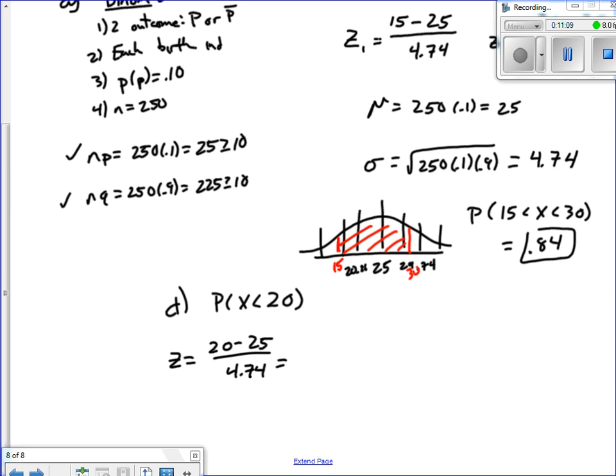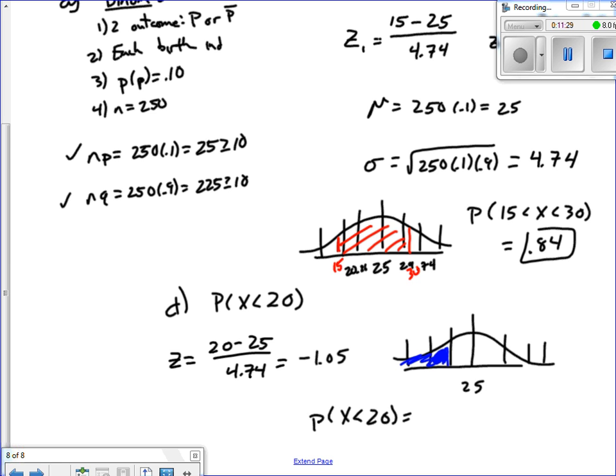That's a z-score of negative 1.05. So we could draw a quick curve for that. Centered at 25, 20 is going to be just below 1 standard deviation. So we should be somewhere close to 16% using my empirical rule. And when I plug that in, 0.146, not far off, about 14.6.